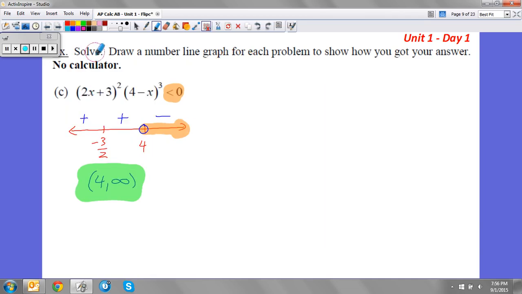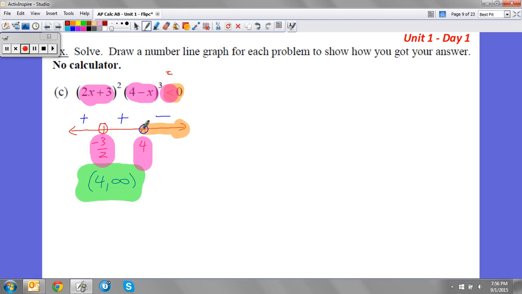All right, so let's keep going. Almost done. Drawing a number line, here we can see 0 is already by itself. Again, I can treat this inequality sign like equals so that I can quickly find the zeros I'm looking for. This is negative 3/2 from here, and this is positive 4 from here. Again, less than says they will be open. So both of these are going to be open intervals.